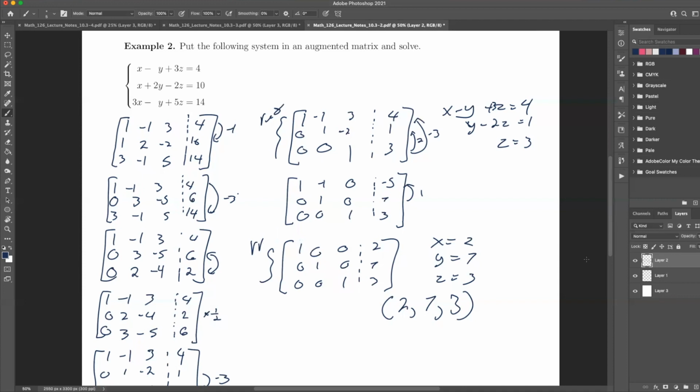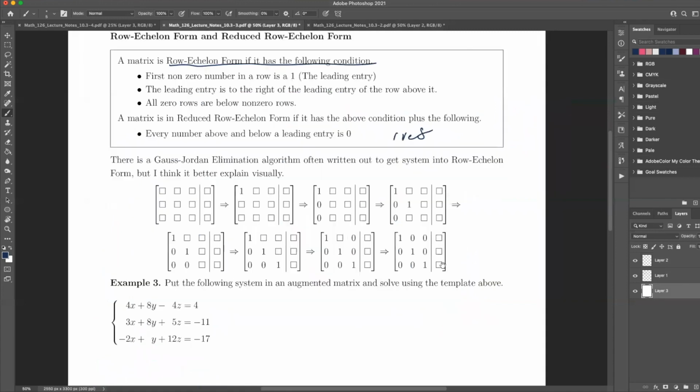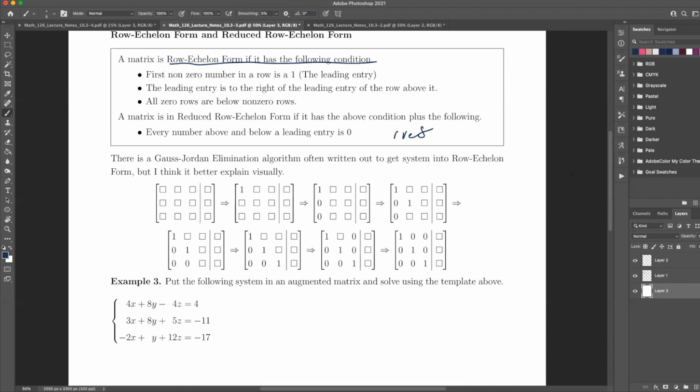In order to do this, there's a very algorithmic way of doing it, and this is what a computer does. It's called the Gauss-Jordan elimination algorithm. Basically, you're given a matrix, and I'm going to use a box to represent anything, so these could be any numbers whatsoever.